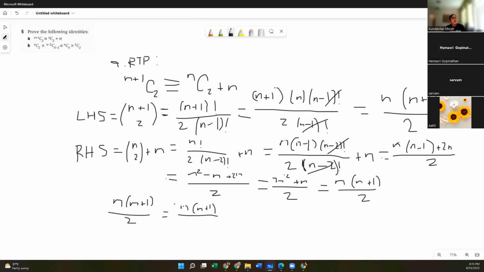So even if this said n plus 1 times n, I would rewrite it as n times n plus 1, so you can further emphasize the fact that they're completely identical. And because of this, therefore, your left-hand side and your right-hand side are equal, or all identical in this case.